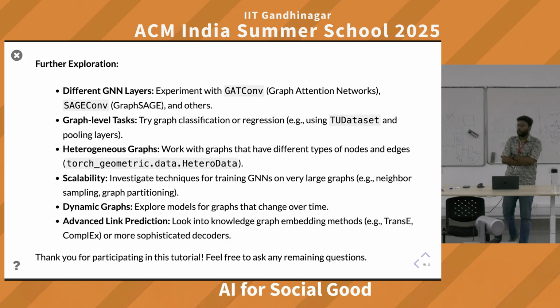Okay, so one quick question: how do you think I can use a graph neural network on an image dataset? How will we do that? And how do you think a graph neural network is similar to a CNN? Yes, right.